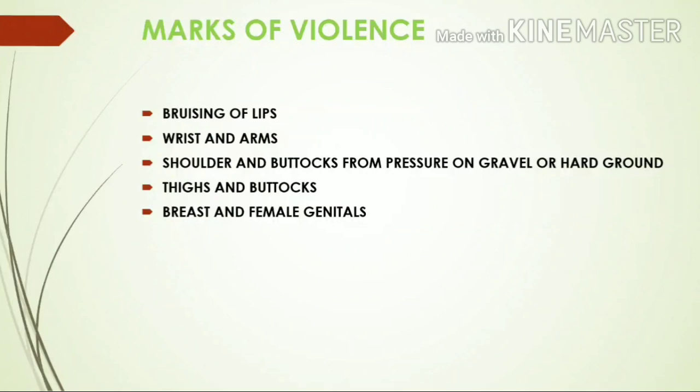On the back of the victim, especially shoulders and buttocks, from the pressure on gravel or hard ground. On the thighs and buttocks from the struggle to achieve intercourse. In some victims, true bite marks and love bites may be found on the breasts, which are often manually squeezed or manipulated.